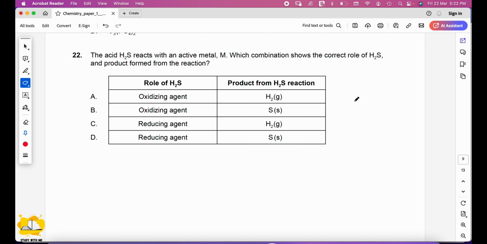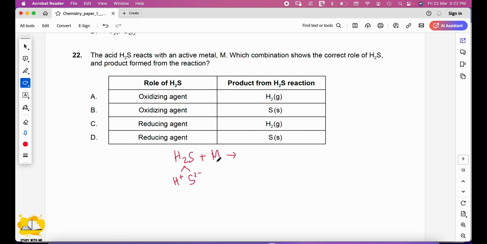Number 22, the acid H2S reacts with an active metal, producing what? So if we break it down into ions, it will be S2 minus and H plus. And M is a metal.